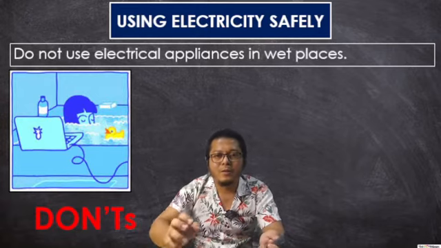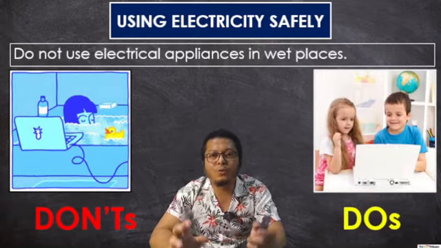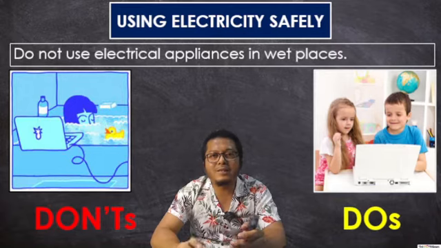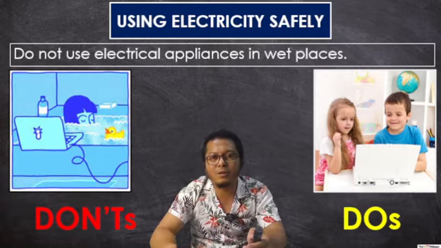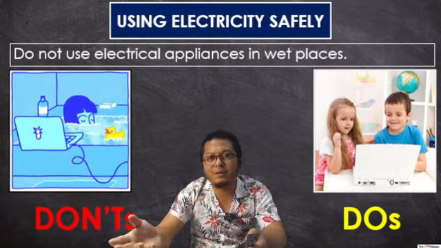So do use your electrical appliances in places that are suitable, dry. For example, your laptop, do not use it in your toilet, use it outside in the living room.